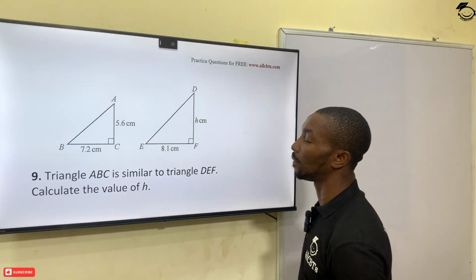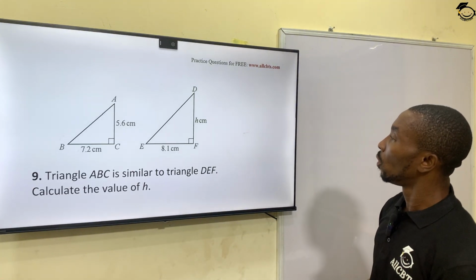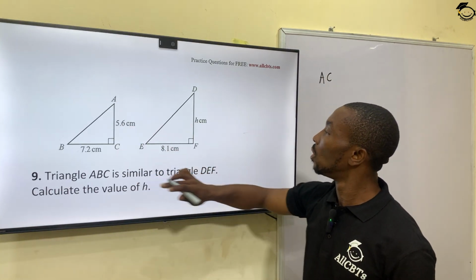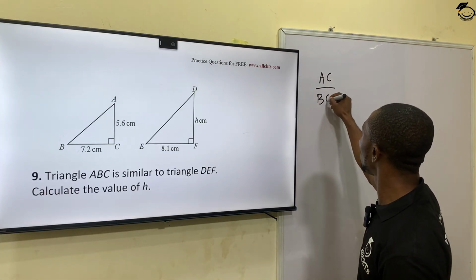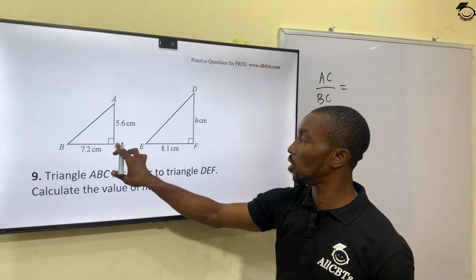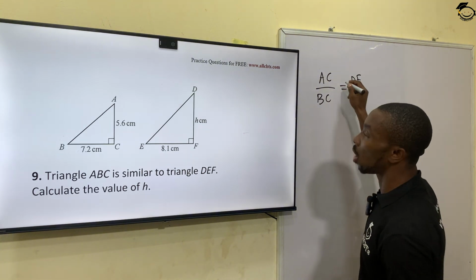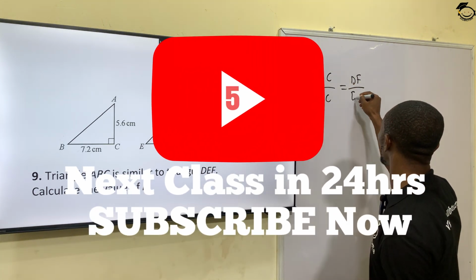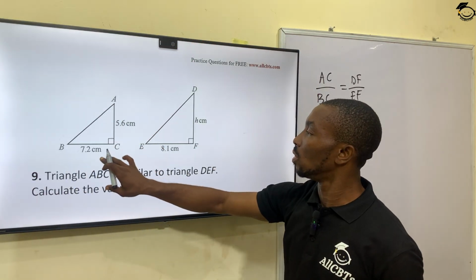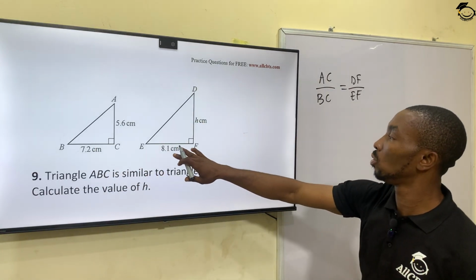It says calculate the value of H. Now, in order to find the value of H, we will say AC over BC equals DF all over EF. AC corresponds to DF and BC corresponds to EF.